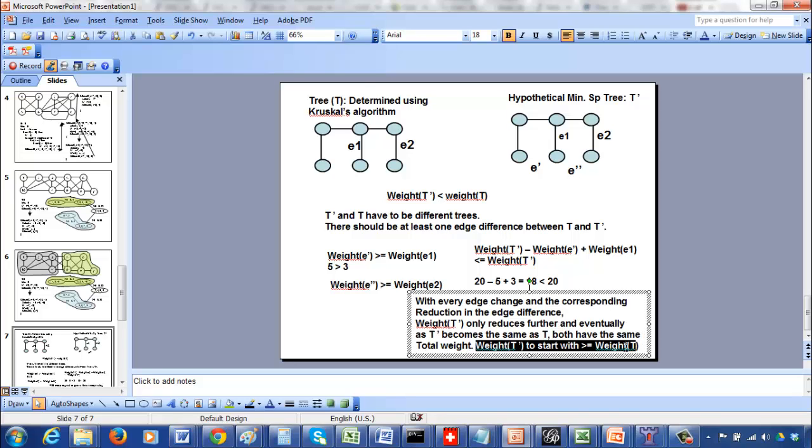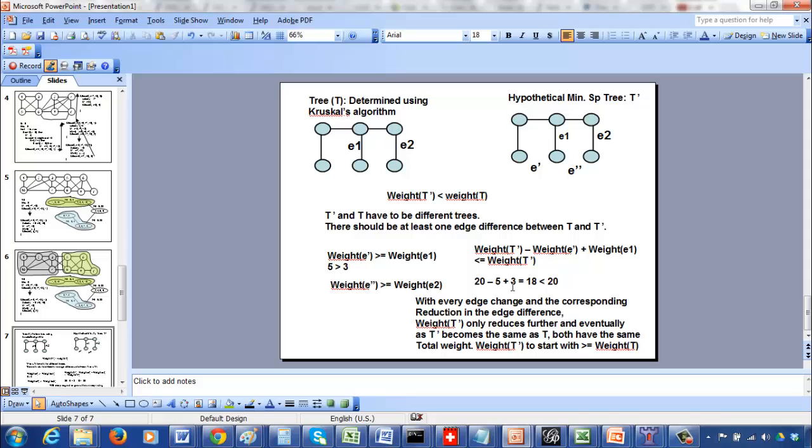So when the weight of T prime becomes equal to the weight of T at the end, then in the beginning it was greater than or equal to, because with each edge change the weight of T prime was only reducing. From 20, it could have reduced to 18, and with this edge change to 15, which is the weight of T, because after this edge change they are the same.